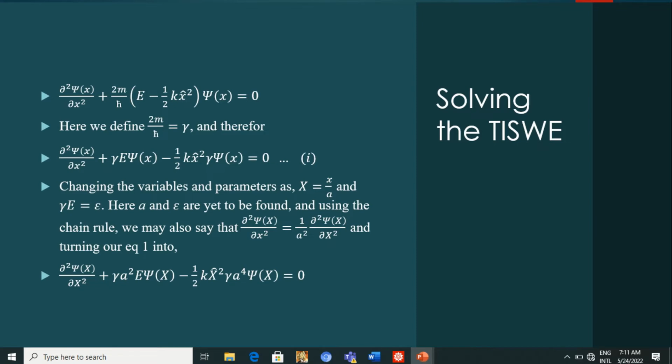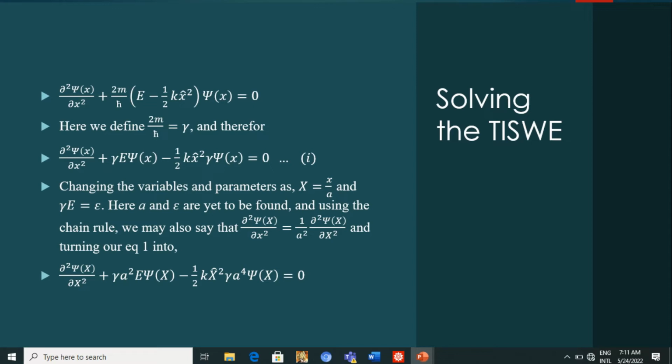Now we change our variables and we define capital X to be x over a. Sorry, x over a, not alpha. And gamma E to be epsilon. Here a and epsilon are yet to be found.